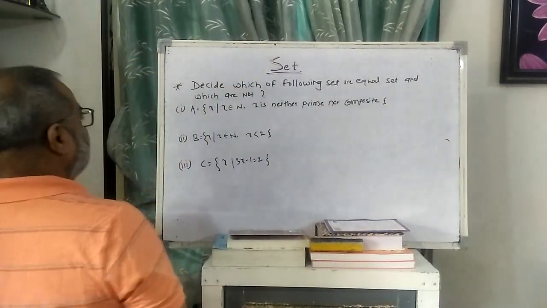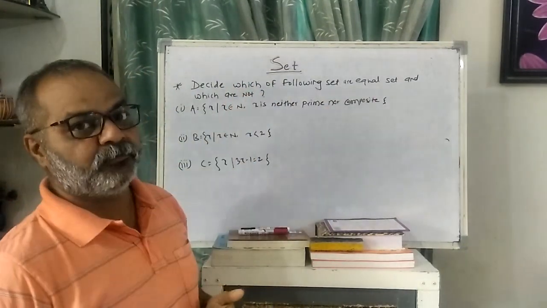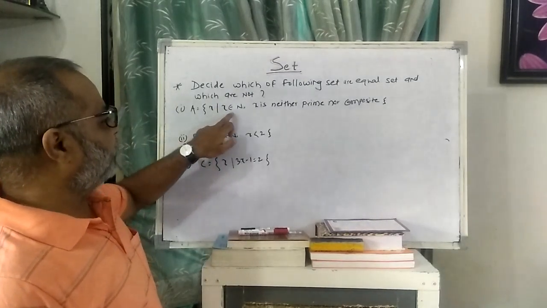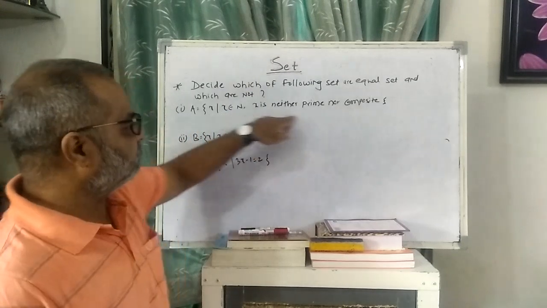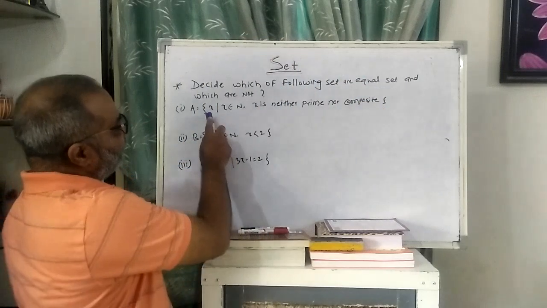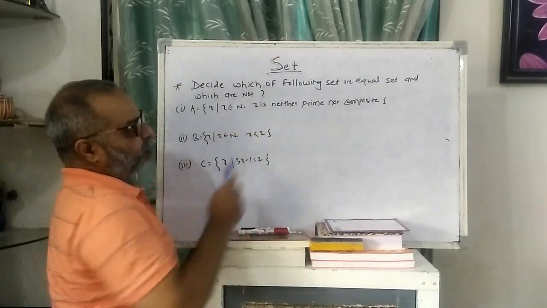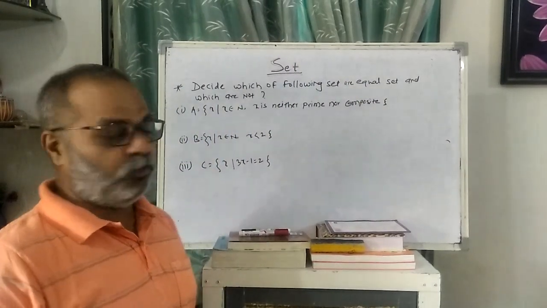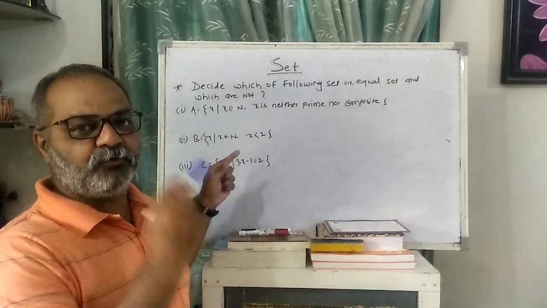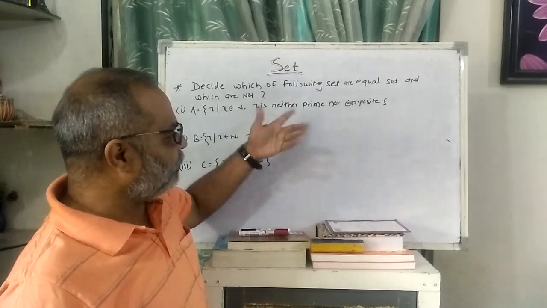First, decide which of the following sets are equal and which are not. The first example is set A, x such that x belongs to N. This is the rule method, and we convert it into the listing form. x belongs to N means the numbers start with 1, 2, 3, 4, 5 and so on, but the condition given is that x is neither prime nor composite.